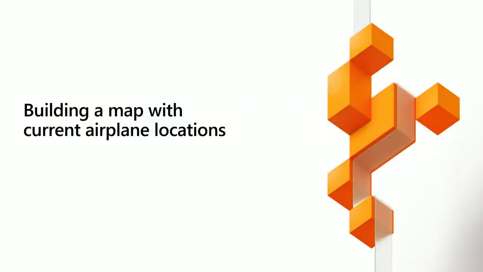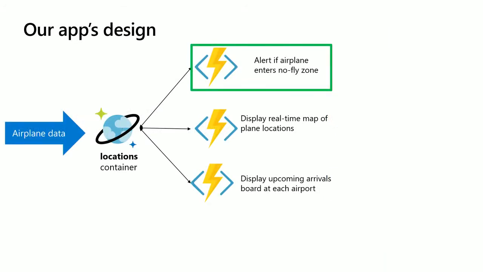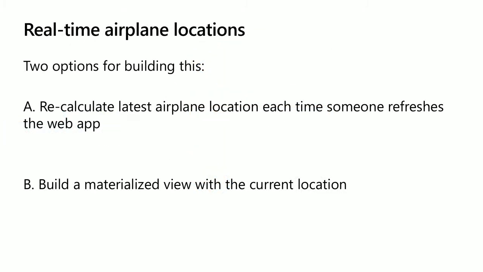The next thing that we'll do is build out that map with the current airplane locations. So we built one of our microservices that goes and alerts if an airplane enters a no-fly zone. We're now going to build out the next one that displays a real-time map of plane locations. So we have two options for building this. We could go and recalculate the latest airplane location every single time someone refreshes the web app.